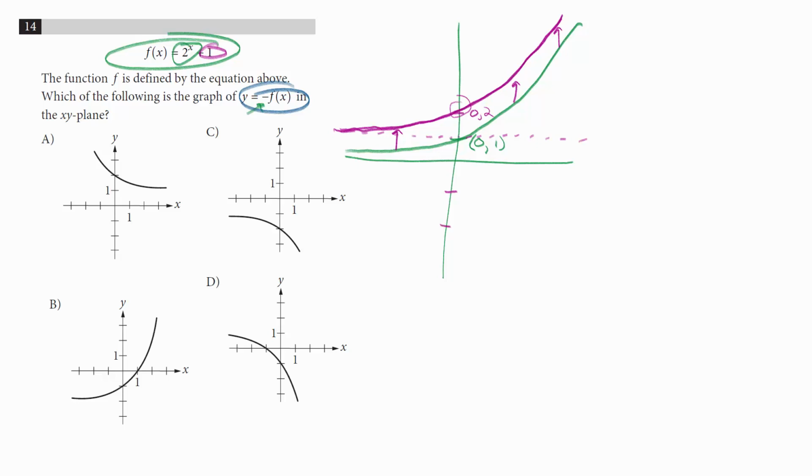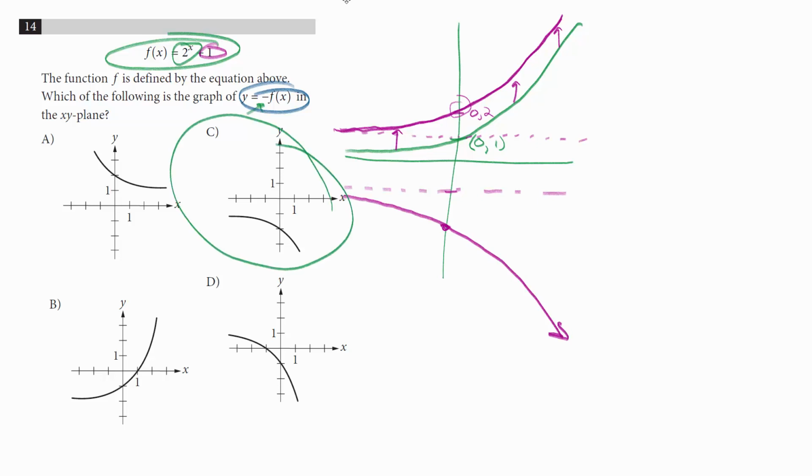If the y-intercept of the original function is at 0, positive 2, the y-intercept of negative f of x is going to be at negative 2. Now where will the asymptote be? If it's at y equals positive 1, then the asymptote's going to be at negative 1. So now it's going to come on down like this. And the option for this is C.